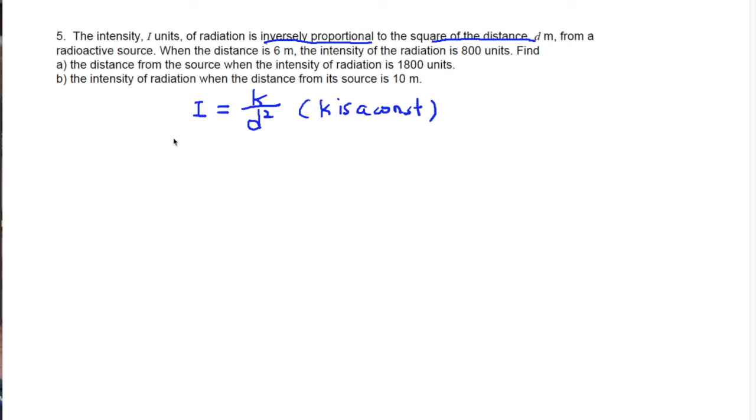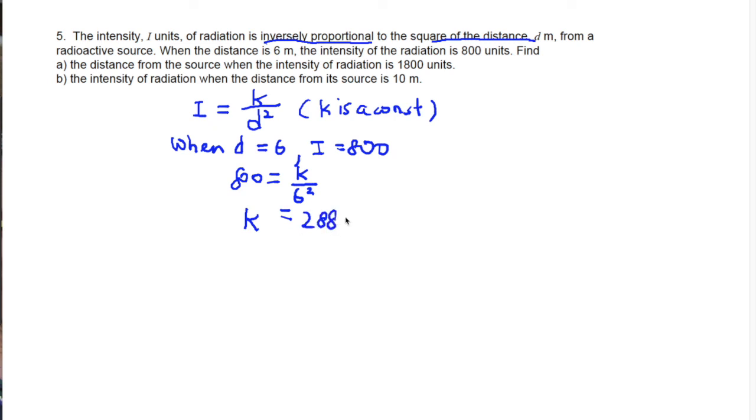And now to find K, when d is 6 meters, the radiation I will be 800 units. Substituting, we have 800 equals K over 6 square. This will give us K equals 28800.